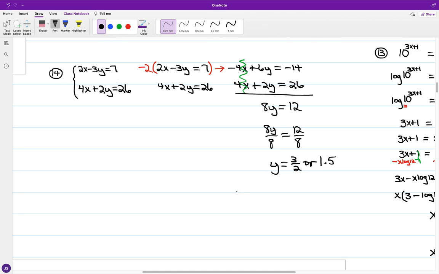I'll just choose the first one, but it works for the second equation as well. So just plug in 1.5 for y.